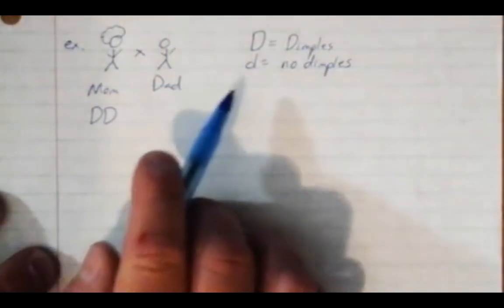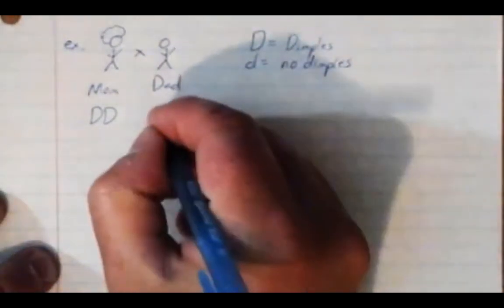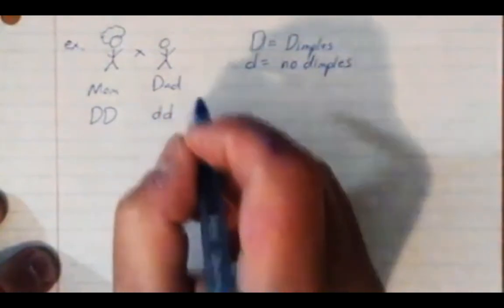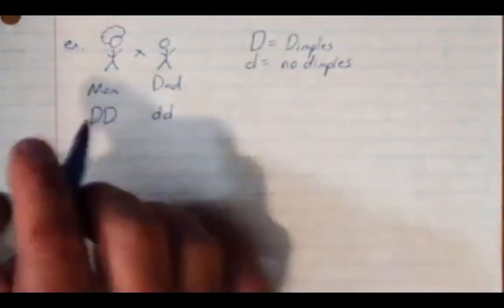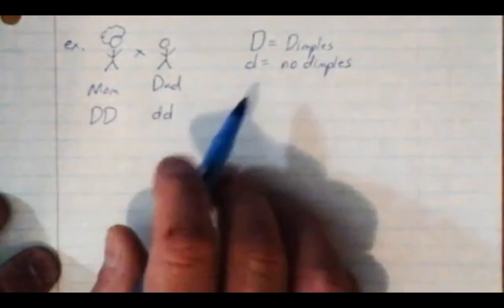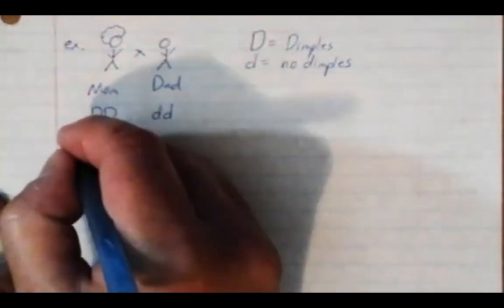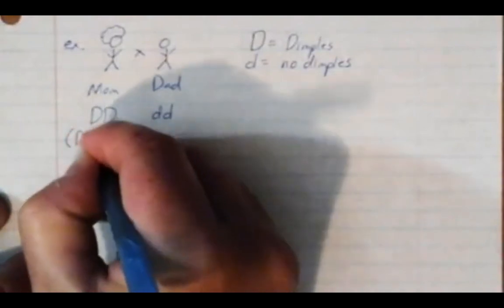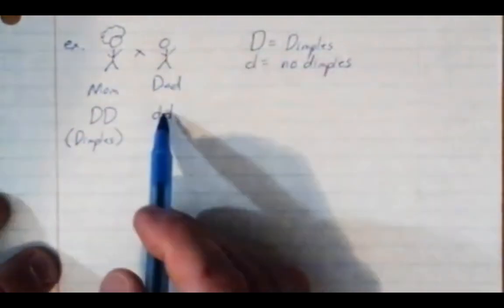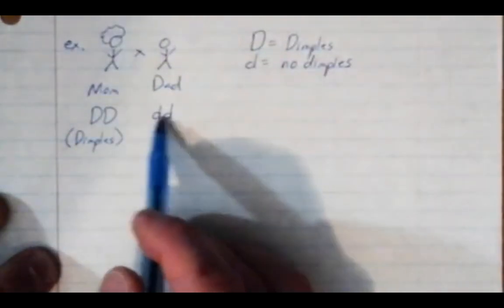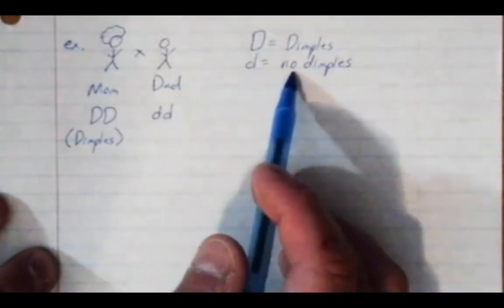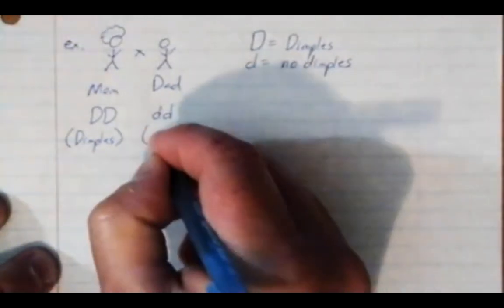Same letters, but recessive. So now dad is lowercase d, lowercase d. So if I say, does mom have dimples? Well, she's got two capitals. Capital means dimples. Yeah, mom has got dimples. Dad, does dad have dimples? Well, he's got two lowercase d's. Lowercase d means no dimples. So dad has no dimples.